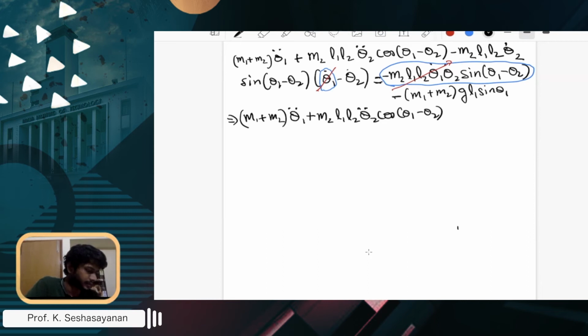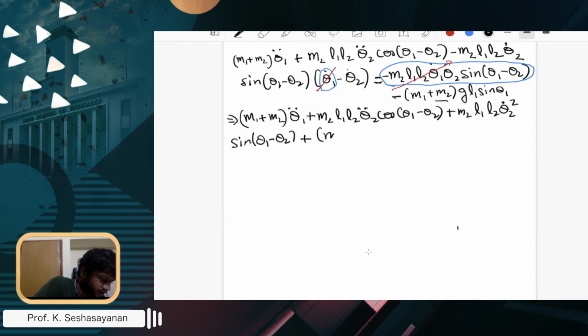So we get minus times minus is plus m2 L1 L2 theta 2 dot square times sine theta 1 minus theta 2, and I take this term to the left hand side, you get m1 plus m2 times g L1 sine theta 1 equal to 0.